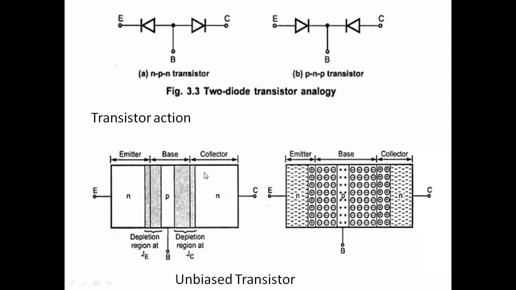Base and collector form another junction, that is the collector base junction. Due to this, a depletion layer will be formed between the base and collector. There are two junctions in the transistor.